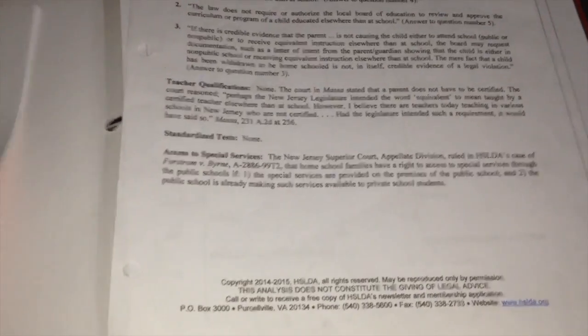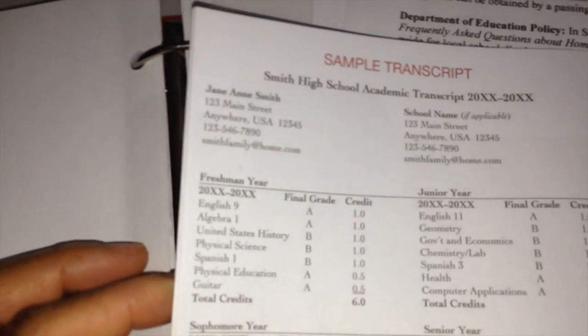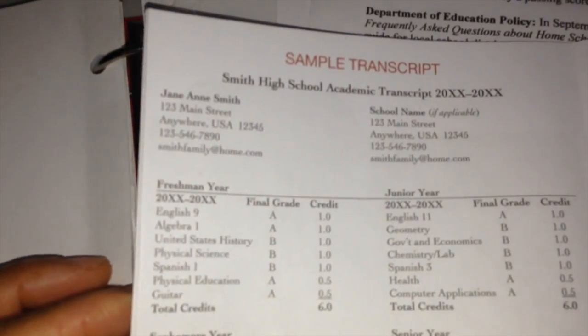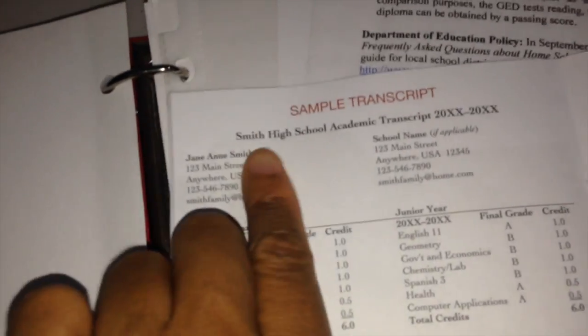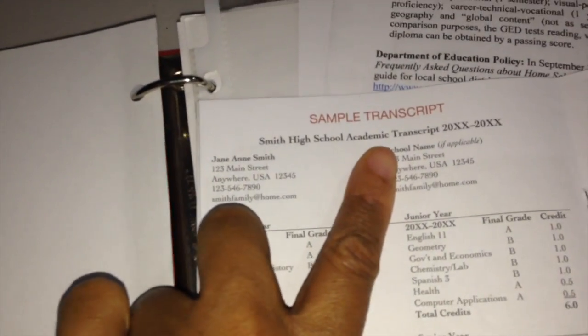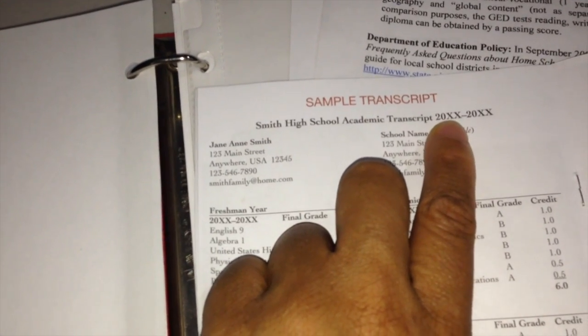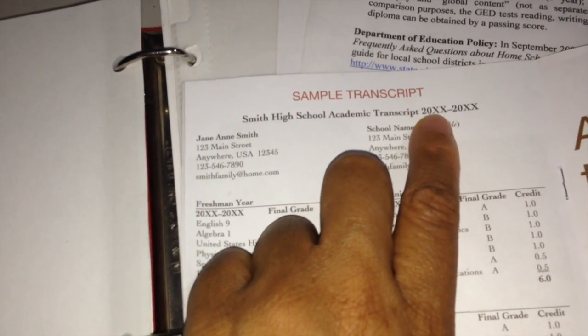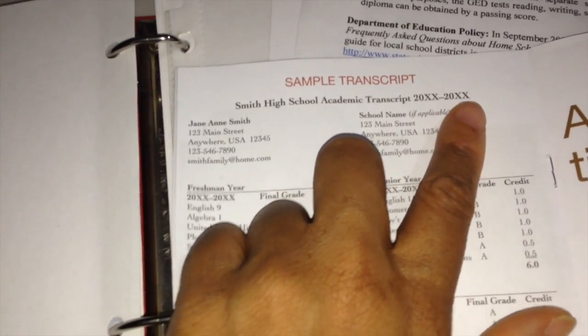And just to show you over here how a sample transcript is set up. So this is how you would have it. You would have the name of your homeschool. Your transcript is from the year that the child started 9th grade to the year they finished the 12th grade.